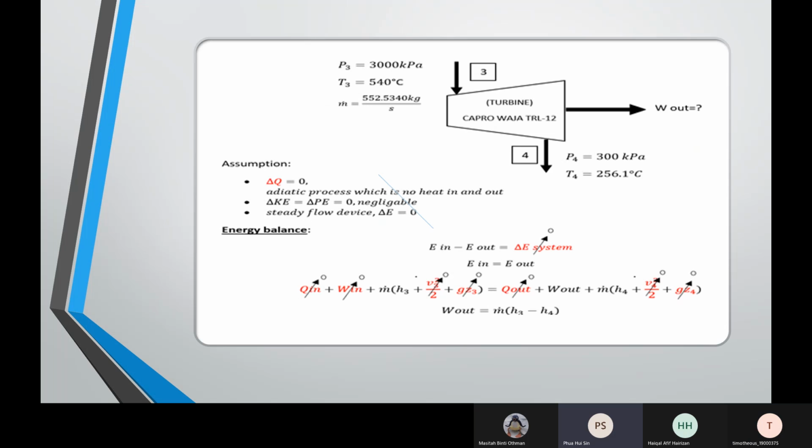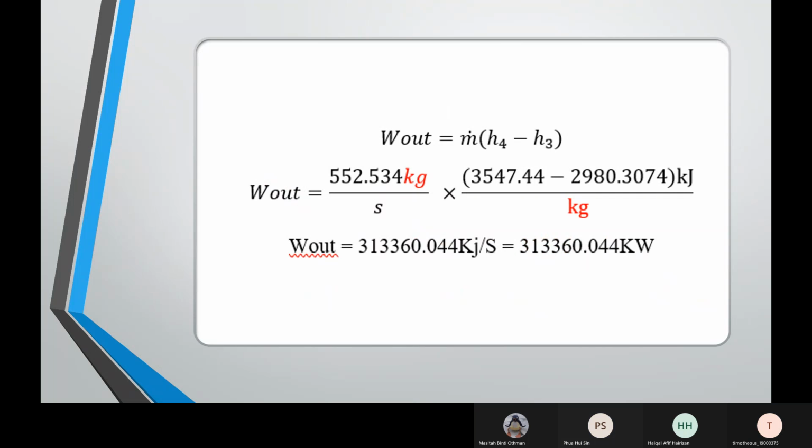The next component is the turbine. The assumptions of the turbine are that it is an adiabatic process, the kinetic energy and potential energy change is negligible, and it is a steady flow device. The work output is equal to 313 megawatts.